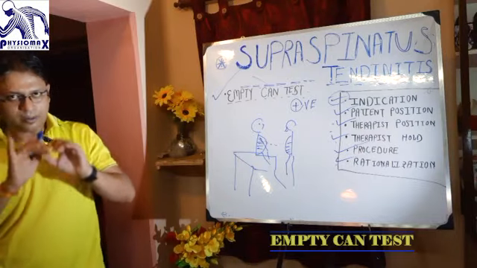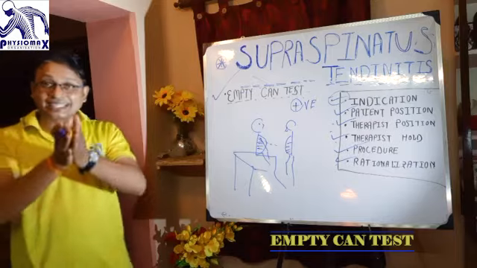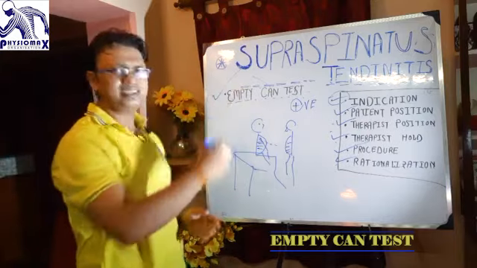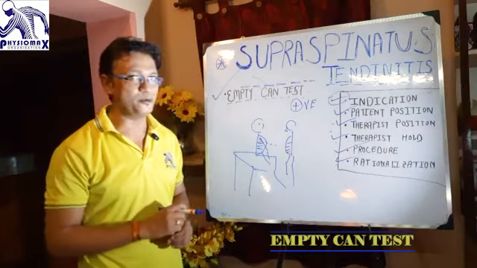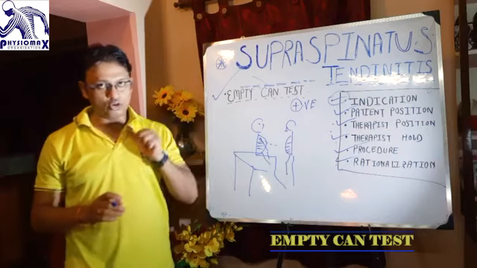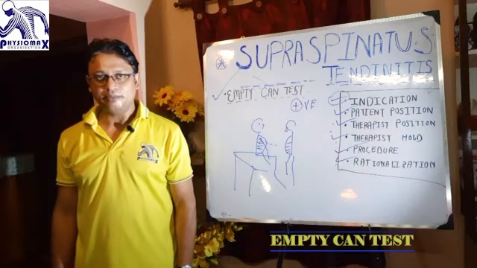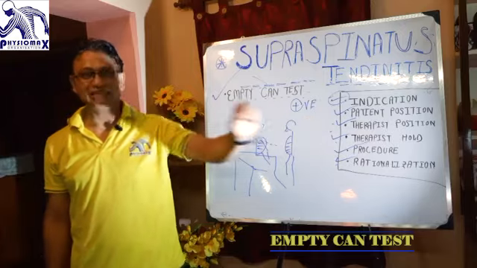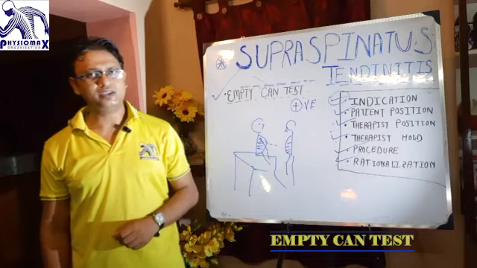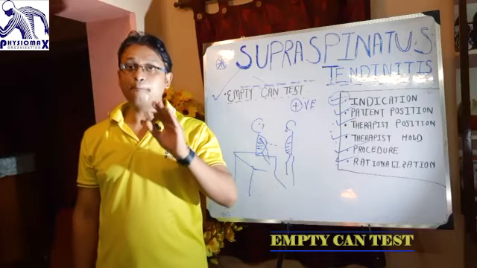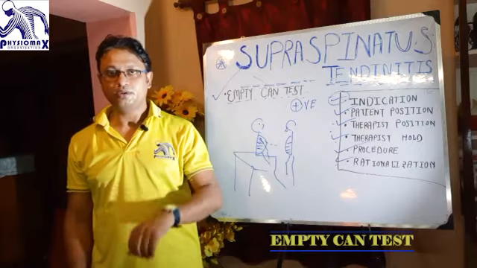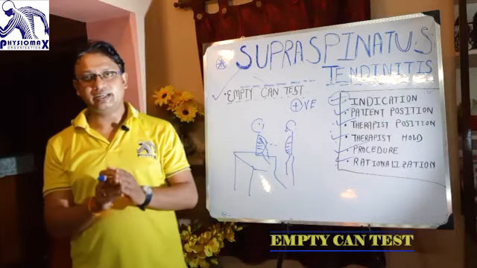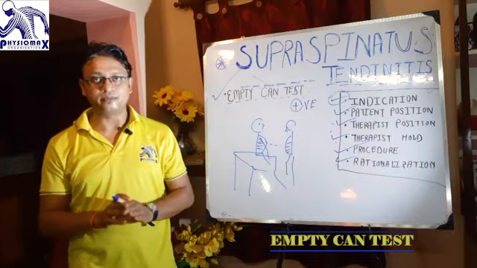Now, what are the biomechanical aspects? What exactly is happening when we are doing this empty can test? That we need to understand now. Normally, whenever I am doing abduction at 90 degrees, there is a maximal amount of subacromial space where the supraspinatus tendon can move easily.